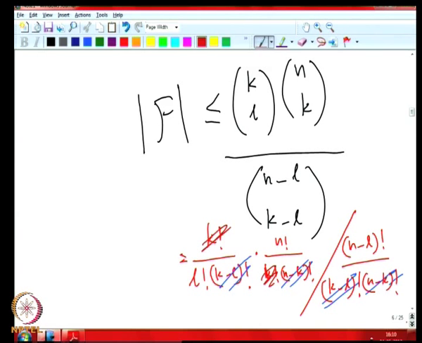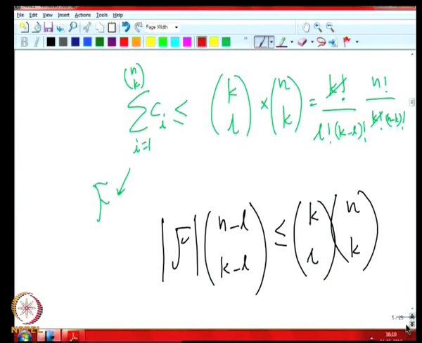This manipulation I will do once again. So this is correct, the k choose L into n choose k here. So we have f into n minus L choose k minus L, and we want to show that f is less than or equal to, sorry.